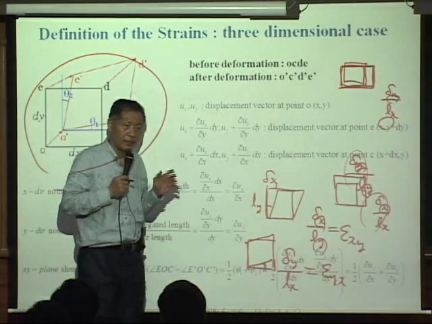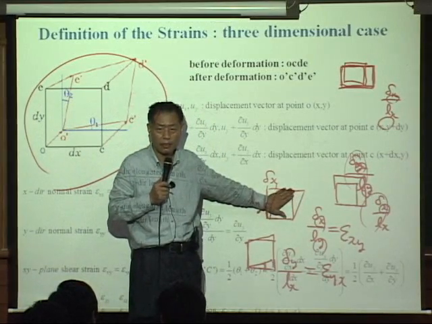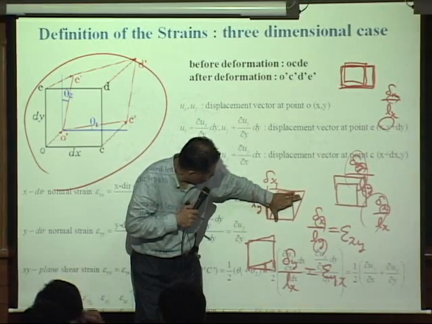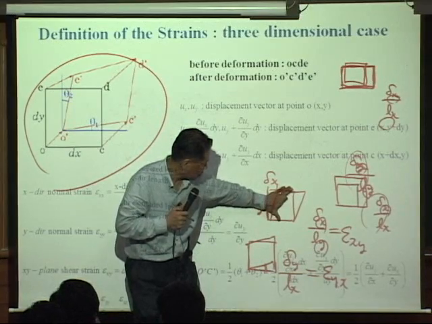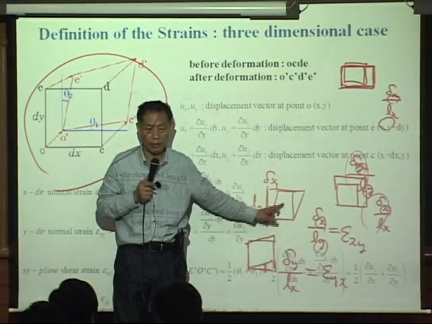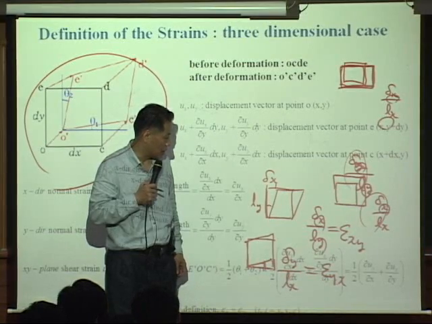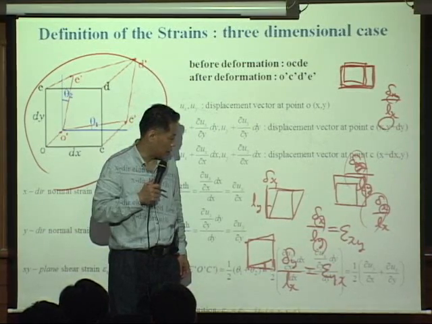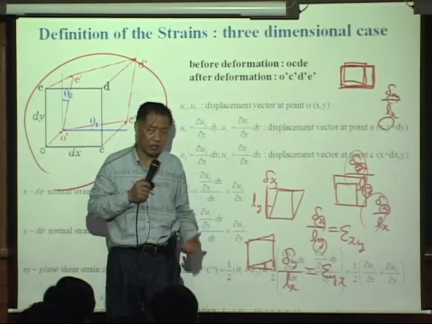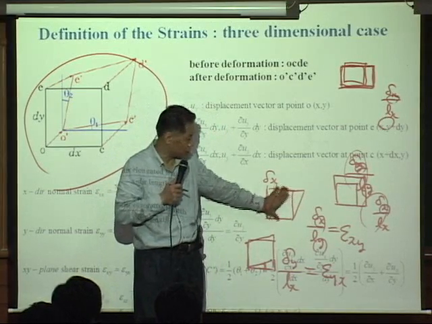But here, see, this deformed shape, if we just rotate, will be the same as that one, right? This one and that will be the same. Not just the same, I'm sorry. I will correct my statement. It's not the same, but will be very much similar.